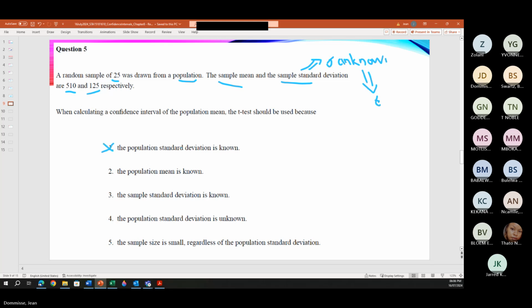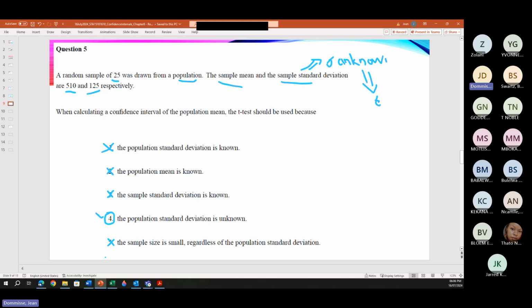No. Population mean is known? No. The sample standard deviation is known? No. The population standard deviation is unknown? Yes, because that is why we will go for it. The sample size is small regardless of the population standard deviation? And that is no.